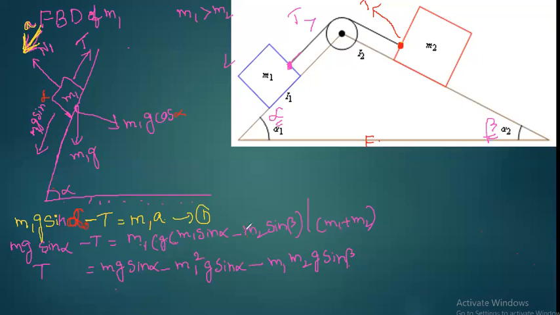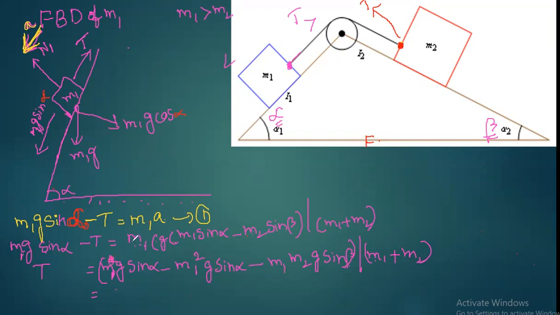m1 m2 g sin beta by m1 plus m2, this total thing. Any cancellations or any commons we have to take out? This is m1g sin alpha, not square.